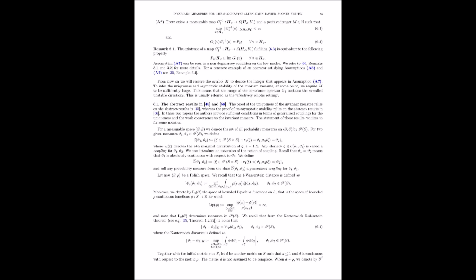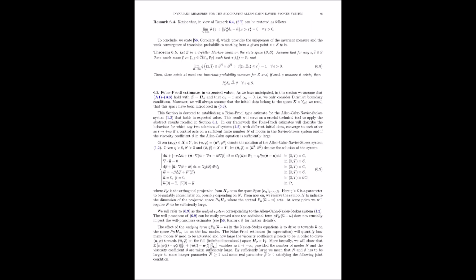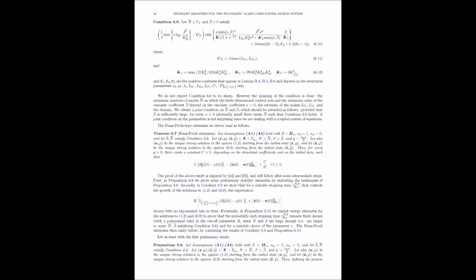By tailoring the estimate to that specific boundary condition, we can get a sharper, more precise bound on how much those solutions can deviate from each other. So it's like having a more fine-tuned instrument for measuring the system's sensitivity to initial conditions under these specific circumstances.